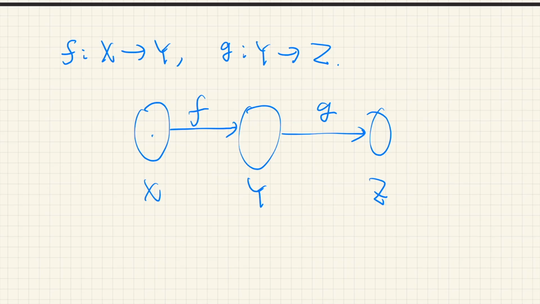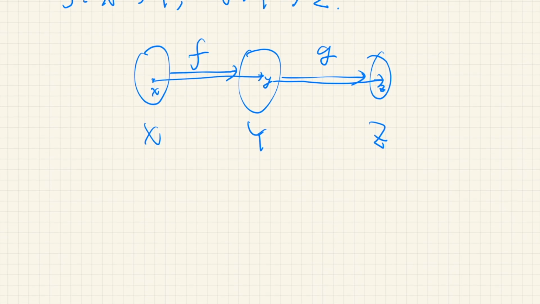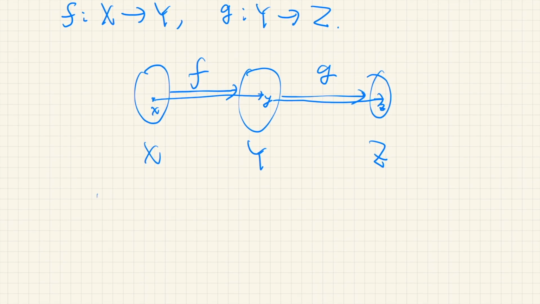So pick one element from X, then that is mapped to some element y in Y, which is then mapped to an element z in the set Z. So in this case, we can write y is equal to f of x and z is equal to g of y.